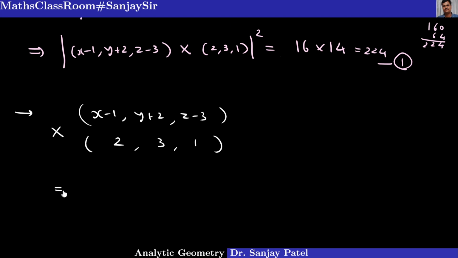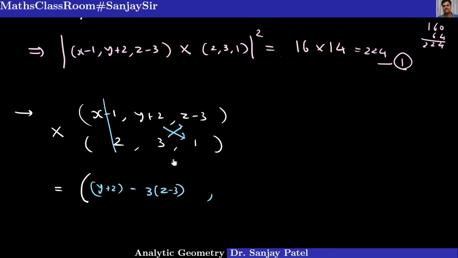And when you find the cross product of these two, we again get a vector. So first we hide this and take the determinant of these four numbers. So this into this minus this into this. So that is 1 into y plus 2 minus 3 into z minus 3. This is the first coordinate.